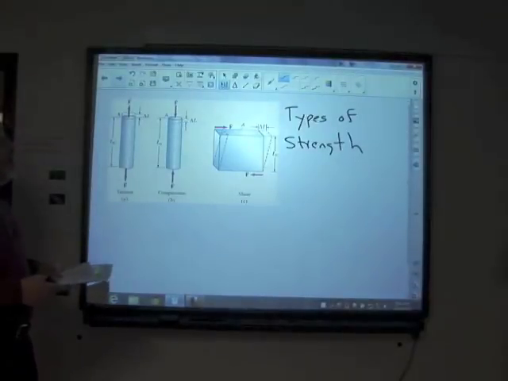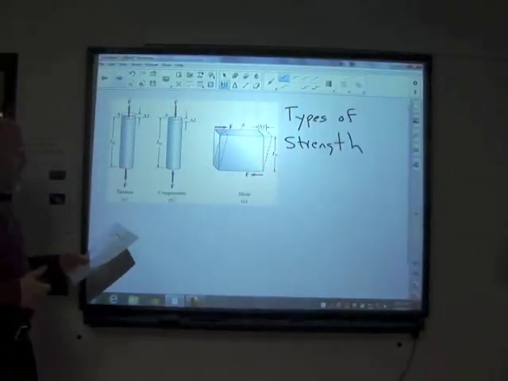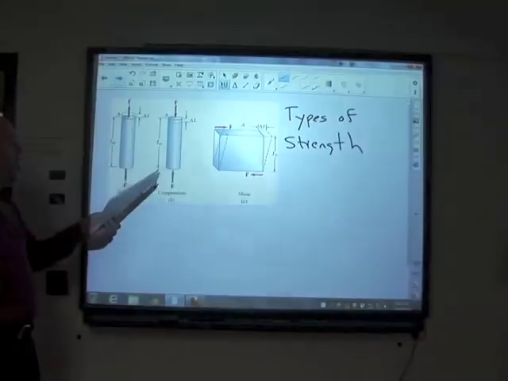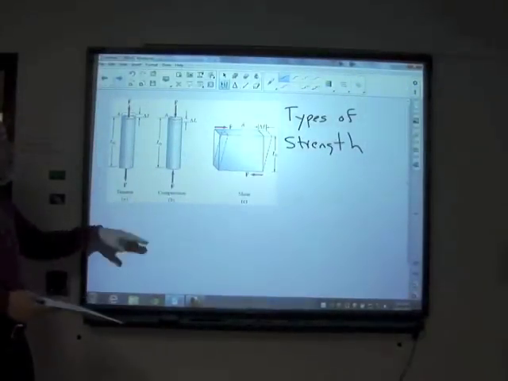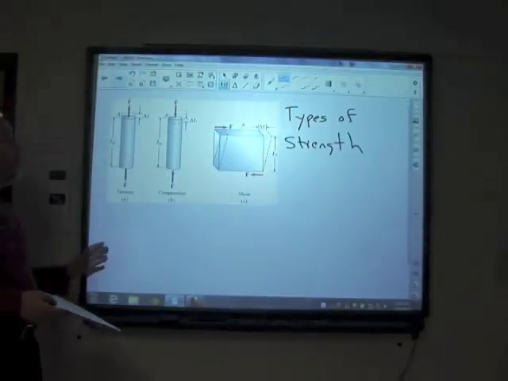Okay? Again, there is a table in your book that gives you the values for different types of materials, and that one did not copy very well, so you won't see it here up on the board.